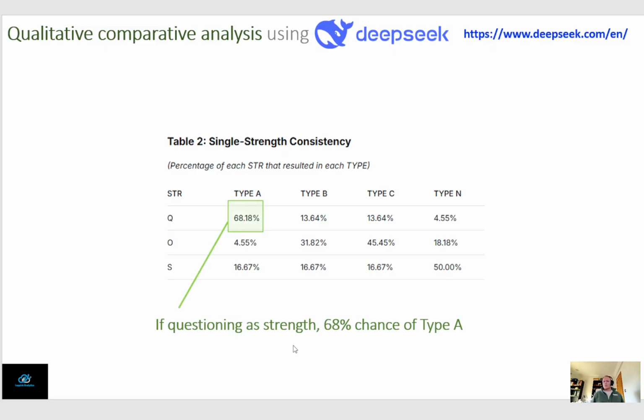Well, in 68% of the cases. These rows together make up 100%, because any sales rep sells either service A or B or C or none. So given a strength, you have one of these 4 options. In this case, 68% of the cases that have questioning as a strength sell type A.